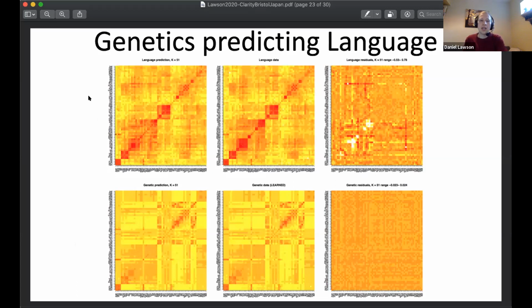If you look at language similarities, this is all North Eurasian languages, there is a strong clustering structure along the diagonals. That means that within a language subclade, there is a clade, but it's not perfect. There are off diagonal red parts, so high similarities. So this is quite tree-like.